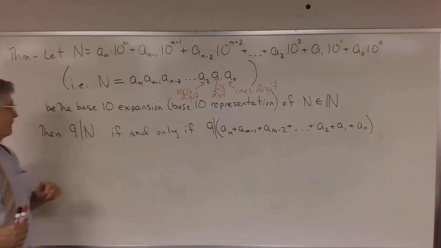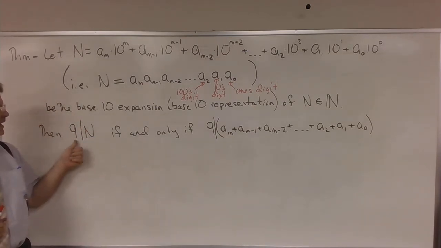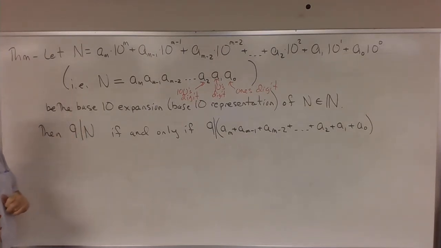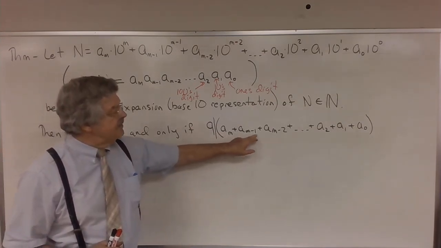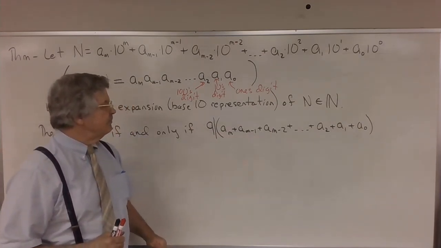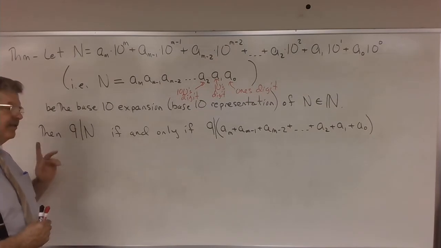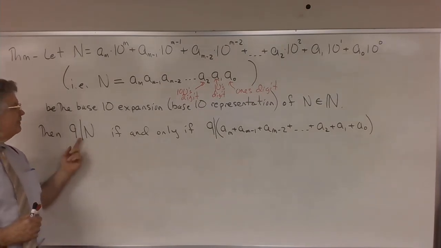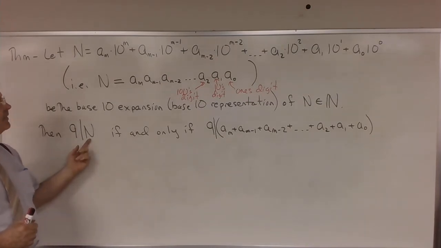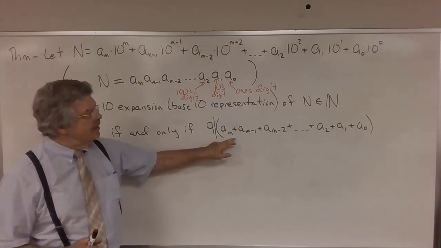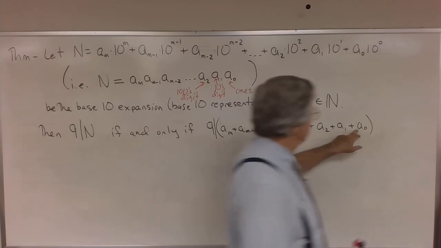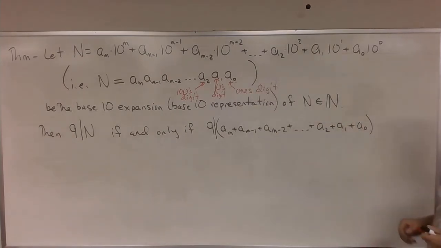I'll say that again. No, I didn't say that right. If 9 divides capital N, then 9 will also divide the sum of the digits of capital N.